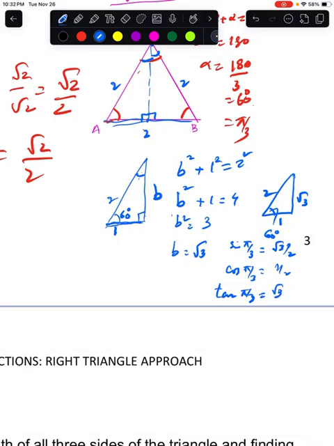Now from the same triangle, you can actually write down the trig values, the ratios, for the pi over 6 angle as well. So pi over 6 is that. Now sine of pi over 6 is equal to, so now the opposite is 1, so this will be 1 over 2. Cosine of pi over 6 will be square root of 3 over 2.